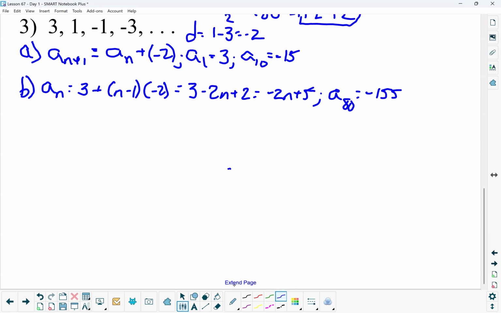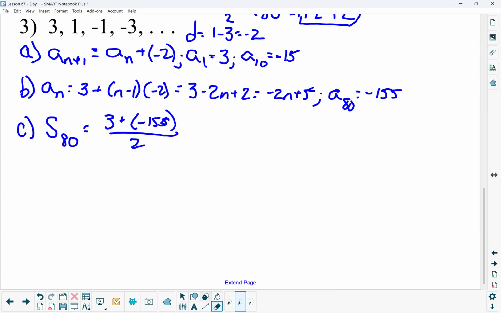Lastly, calculate the sum of the first 80 terms. So we take our first term plus our 80th term divided by 2 times 80.